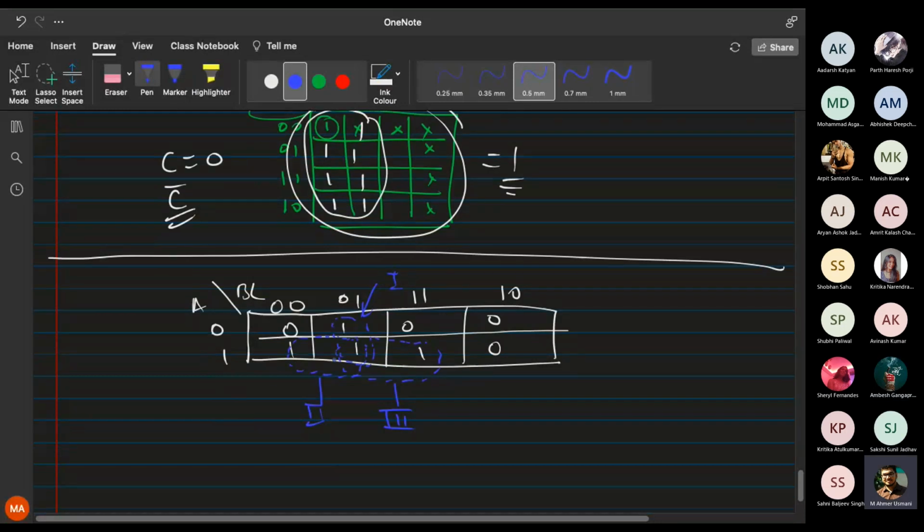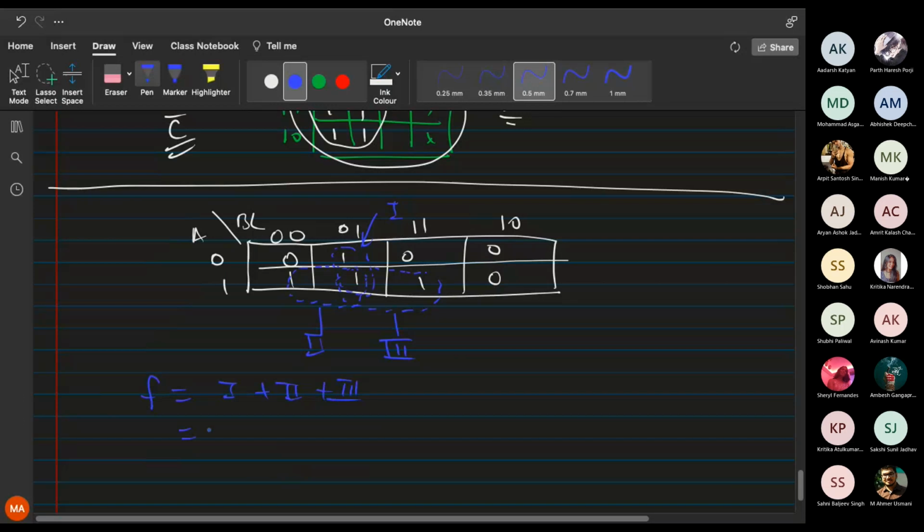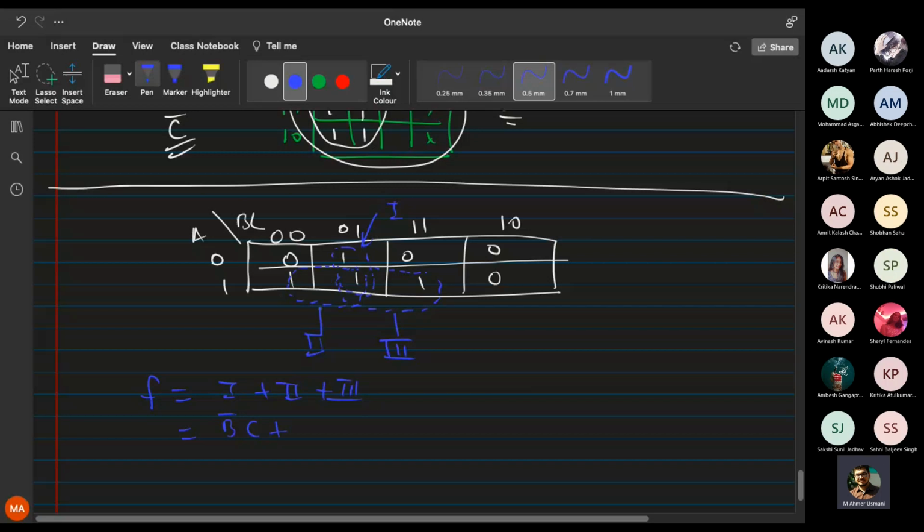So just tell me the equation. The function is equal to 1 plus 2 plus 3. Tell me the equation for 1. The first one. What is common? B bar C. Very good. Plus the second one. What is common? A is common, that is for sure, and the value of A is 1, so it will be A. What else is common?